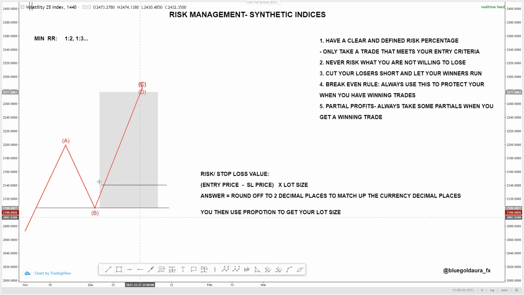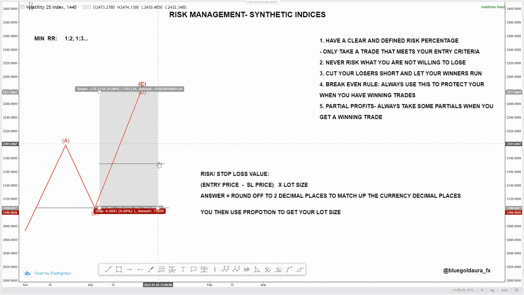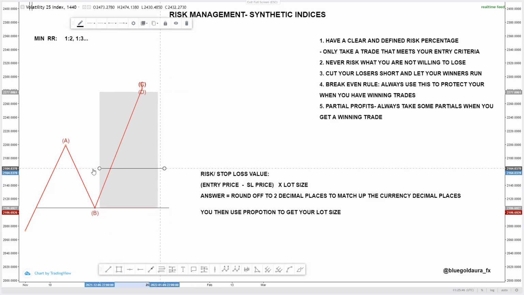Once the trade moves in your favor, so this is what I always tell people, when the trade moves maybe close to 1% or 2%, or maybe, you see this region from A to B, if the trade moves like 50% of that region, what you can do is take some partial profits off the market.